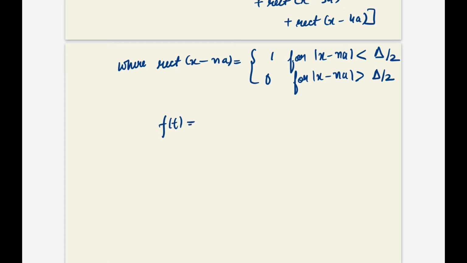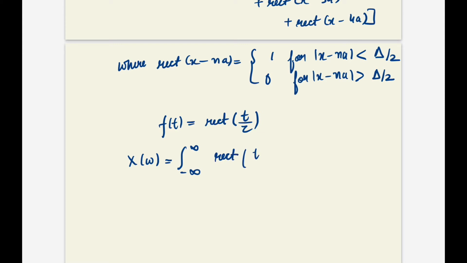If f of t is a rectangular function of t by tau, then the Fourier transform F of omega equals the integral from minus infinity to infinity of the rectangular function.